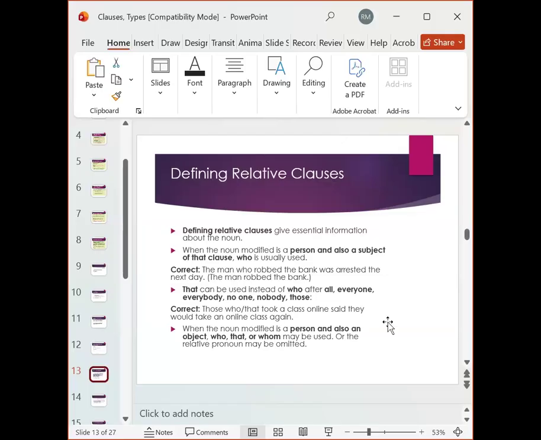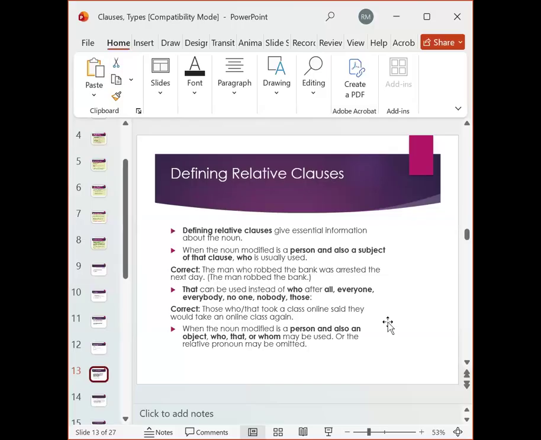So, for instance, if you are talking about a person, a human being, you may choose who or whom. If you are talking about something inanimate, you may choose which. If whatever you are modifying is a subject, you may use who. If it's the object of a preposition, you may use whom.